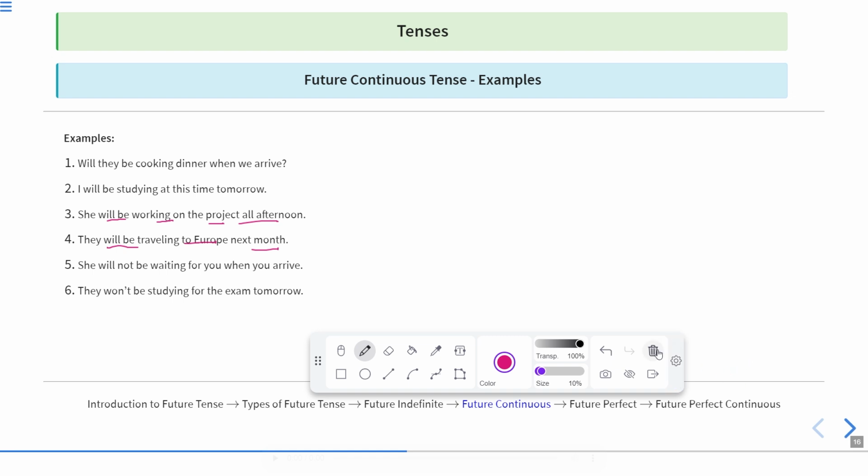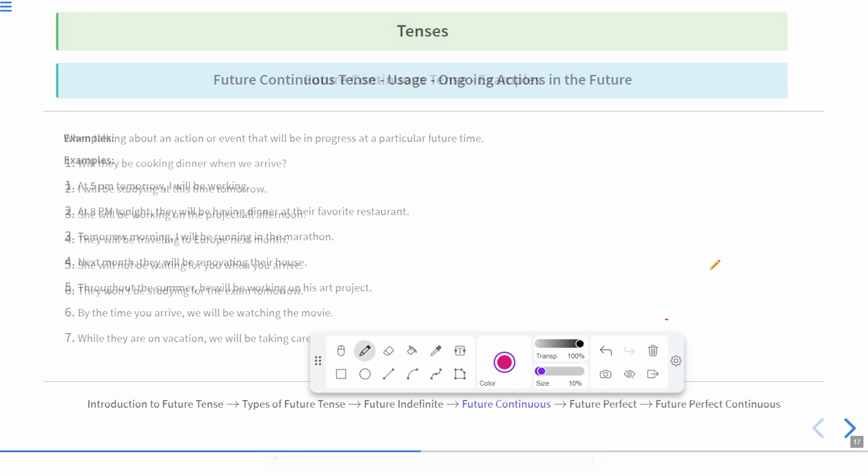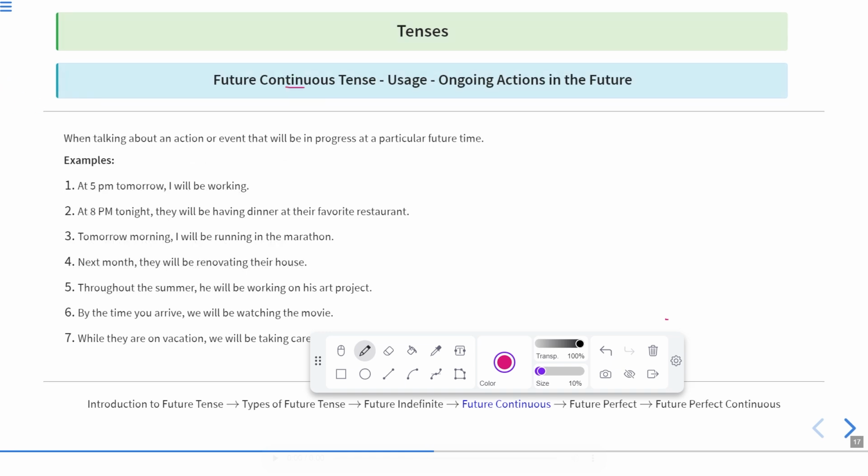Okay, now let us move to the next. Future continuous tense is used to show ongoing actions in the future, when talking about an action or event that will be in progress at a particular future time. At 5 p.m. tomorrow, now here, at the time of speaking, the speaker is planning something about tomorrow or about the next day at 5 p.m. What he will be doing, I will be working.